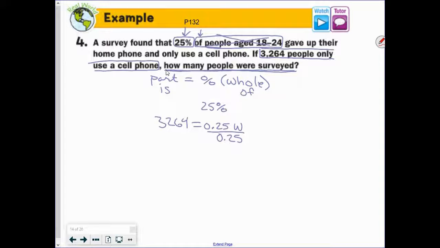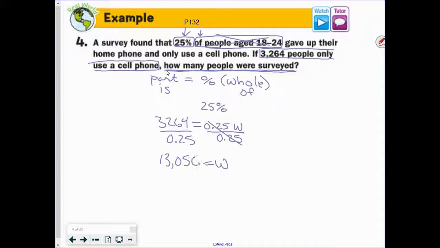That's 25 hundredths. 25 hundredths divided by 25 hundredths would cross out because it equals 1, leaving me with the variable w. And then 3,264 divided by 0.25.